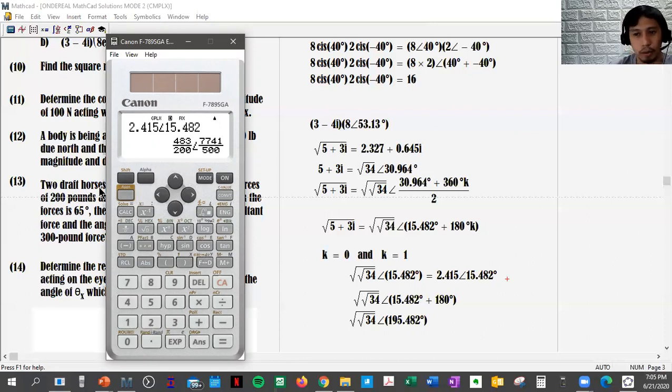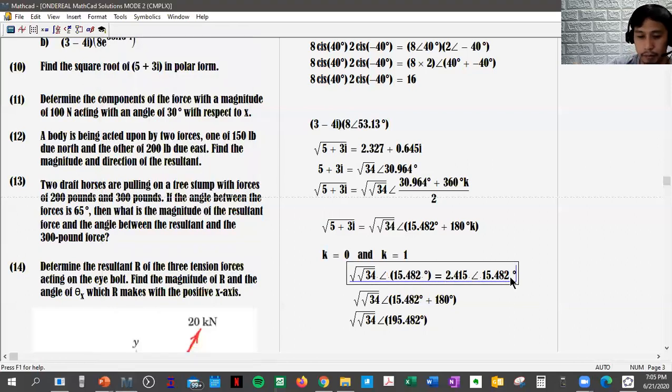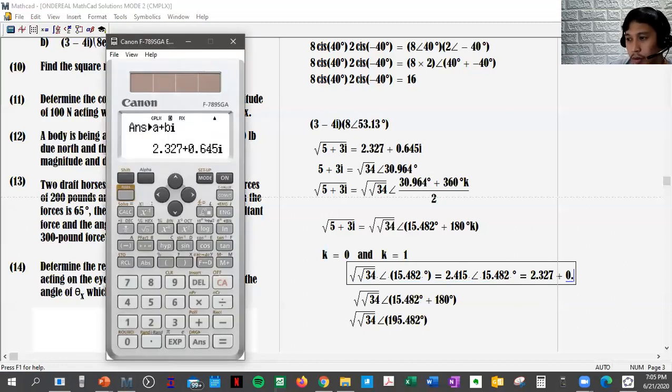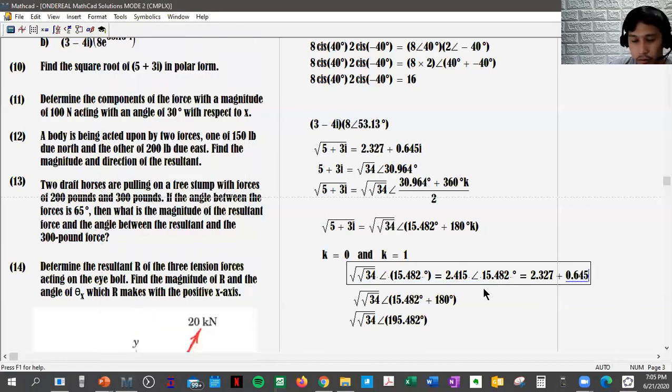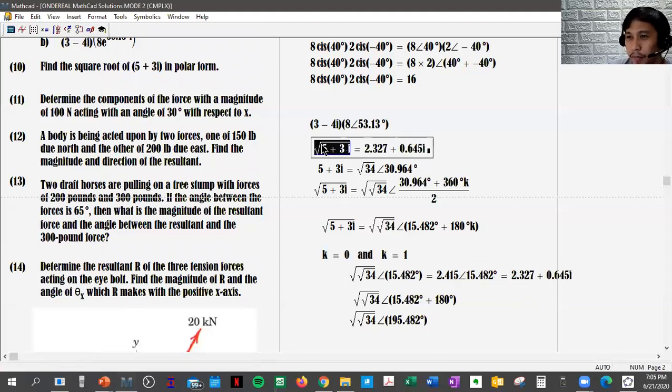Its rectangular form is 2.327 plus 0.645i. Okay, and as you see, the same, no? Using MathCAD, I got exactly 2.327 plus 0.645i.